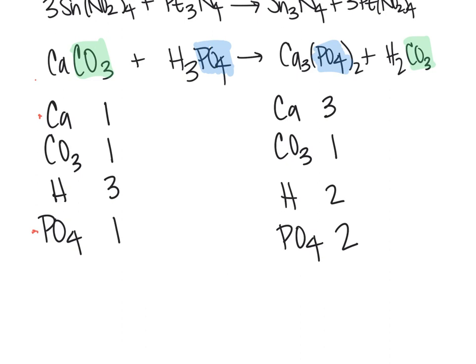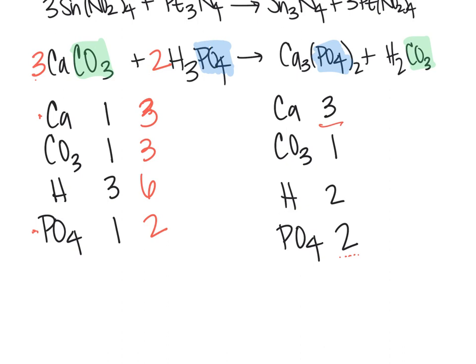So on the right, there are 3 calciums. So we need a 3 here. So now we have 3 calcium, 3 carbonates. There are 2 phosphates on the right side, so we're going to add a 2 here. So now we have 6 hydrogen and 2 phosphates. This is great because now the calciums and the phosphates balance, but nothing else does.